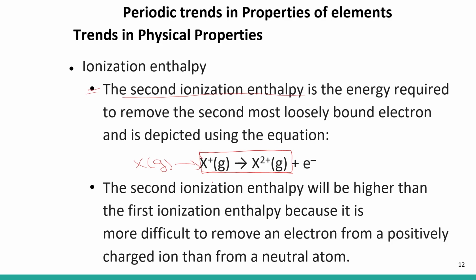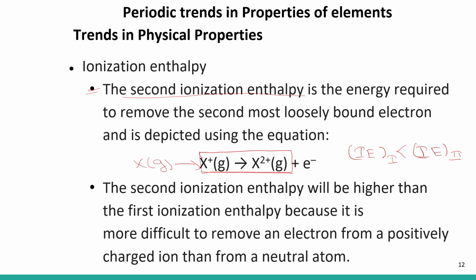One thing I should make clear here: suppose I represent the first ionization enthalpy by IE1 and the second by IE2. An important thing to keep in mind is that ionization enthalpy 2 is always greater than ionization enthalpy 1.